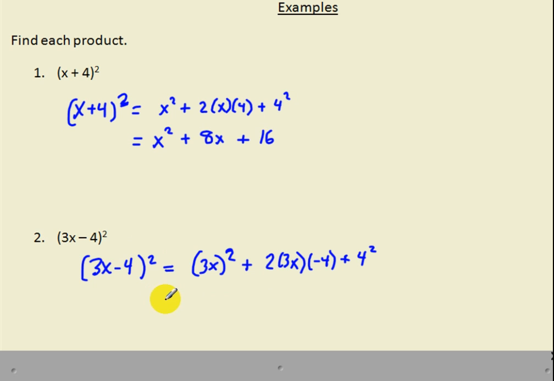Alright, and we end up with, remember we need to square the 3, not just the x, so we get 9x squared, and then 2 times 3 times negative 4. 2 times 3 is 6, times negative 4 is negative 24, so negative 24x. And then when we square negative 4, if you could also put it inside parentheses, we know when we square it that we end up getting a positive. Okay, so here we have 9x squared minus 24x plus 16.